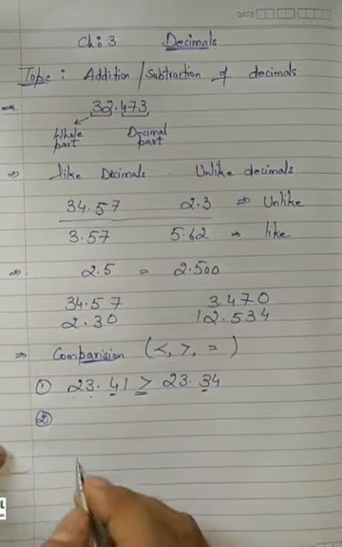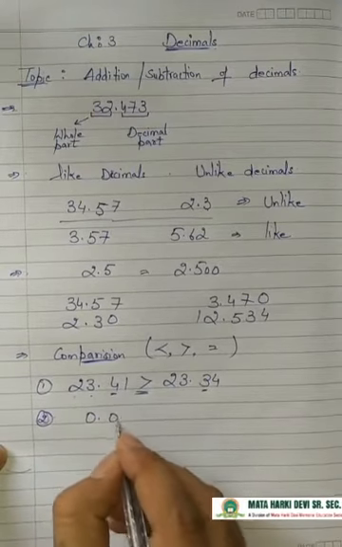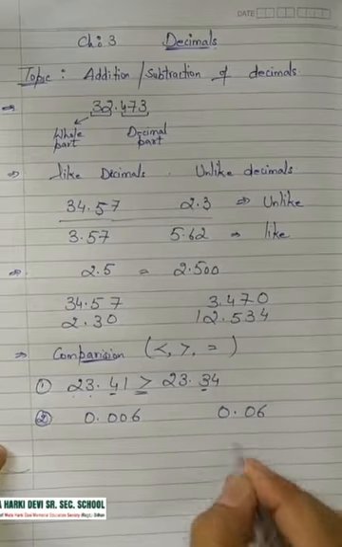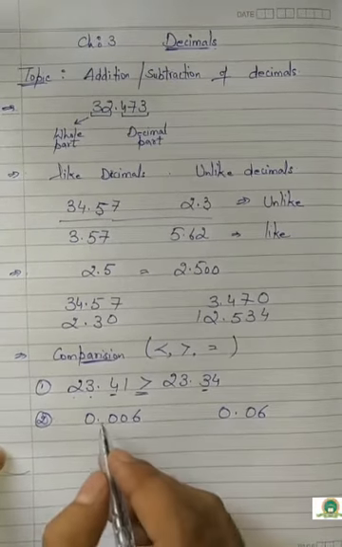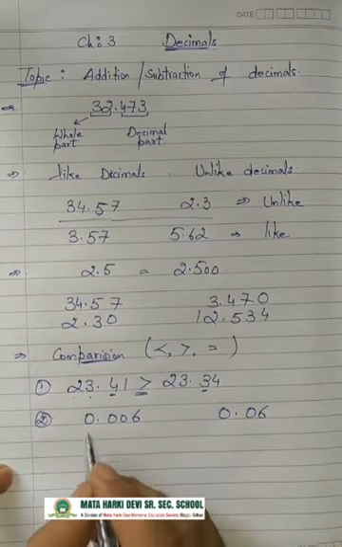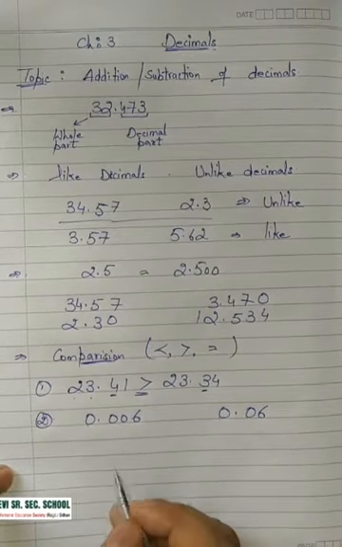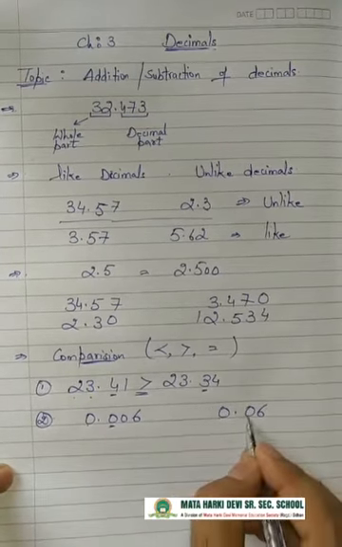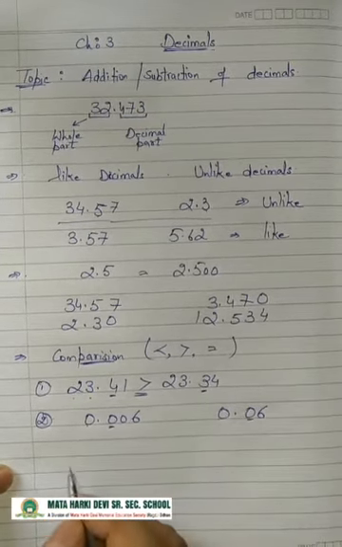Let us take another example, for example 0.006 and the second number is 0.06. The whole part of both numbers is equal. Both have 0 in the whole part. Now the first decimal place in both cases is equal.